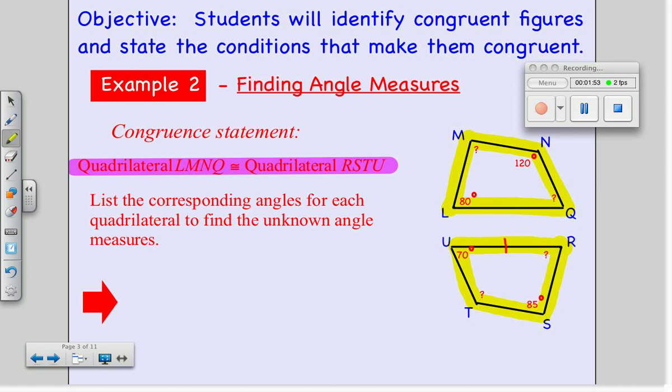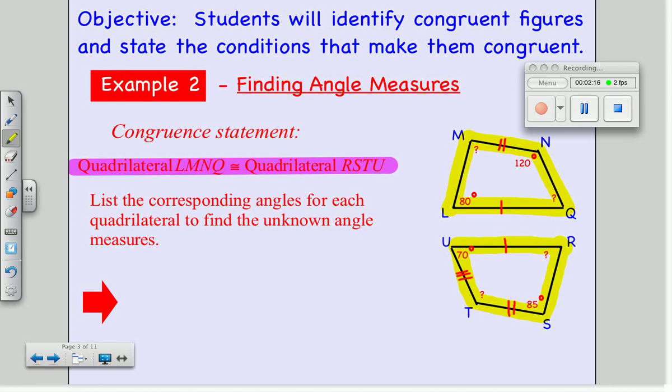So line UR here. Which one is that congruent to on the other quadrilateral? LQ, there. Line ST, here. Which one is that congruent to on the other quadrilateral? MN, here. Line UT, here.